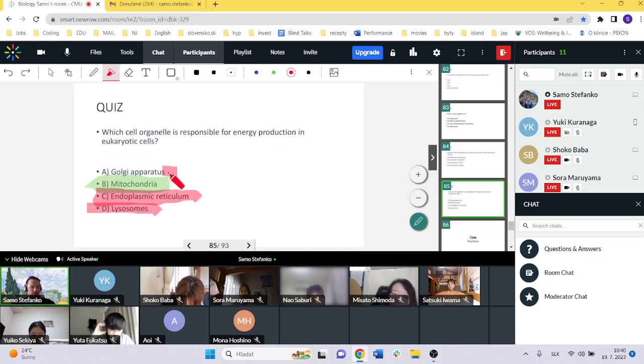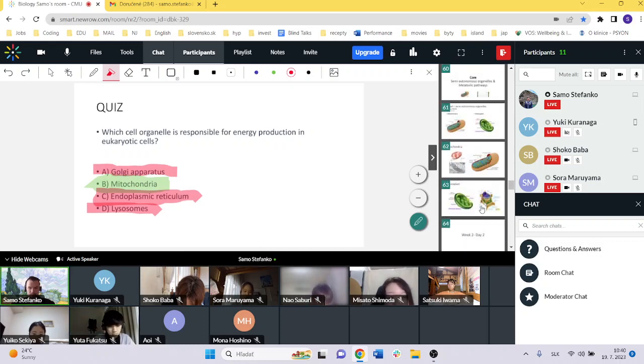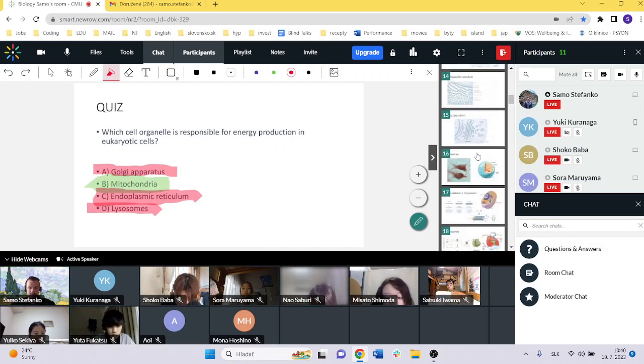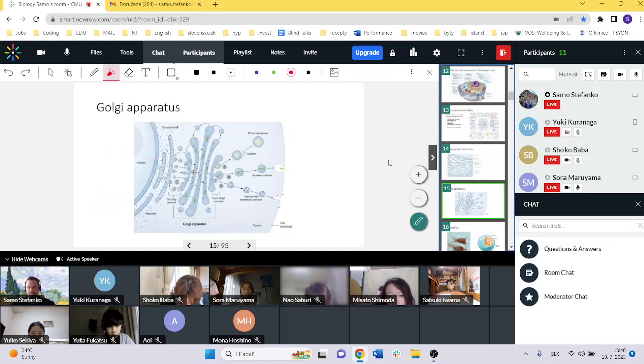Okay, and what about the Golgi apparatus? What do we know about the Golgi apparatus? I will bring the picture back. The Golgi apparatus is like a post office, modifying proteins, lipids, carbohydrates. Perfect. Yes, exactly.